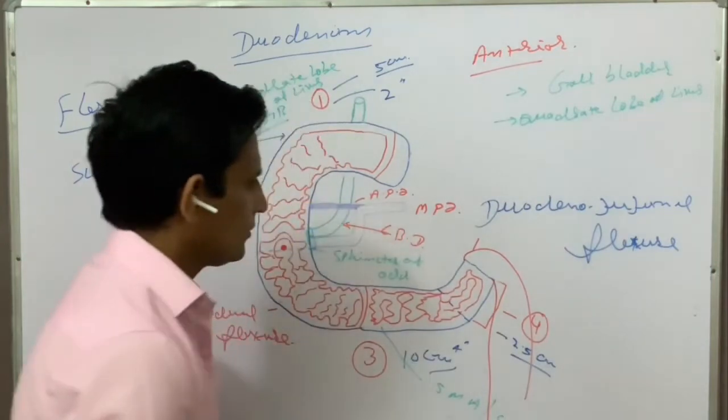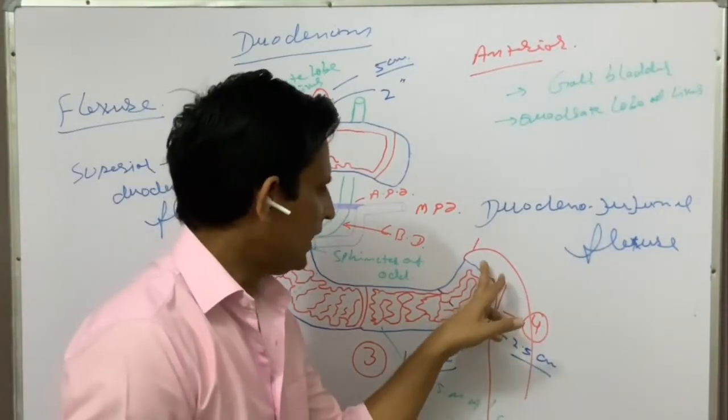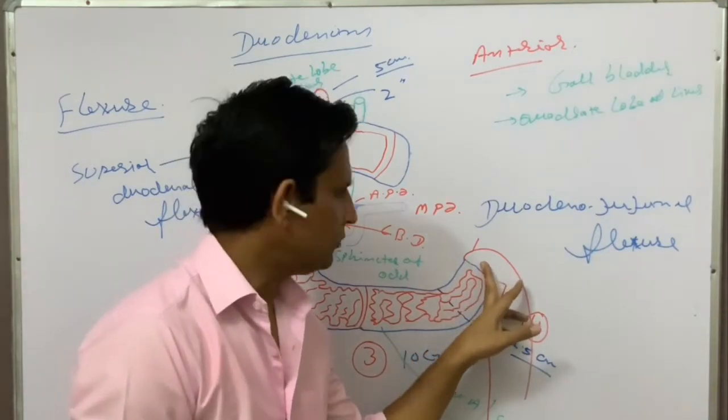So the last part of the duodenum ends at the duodenojejunal flexor.